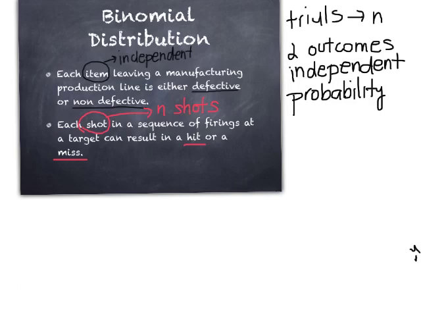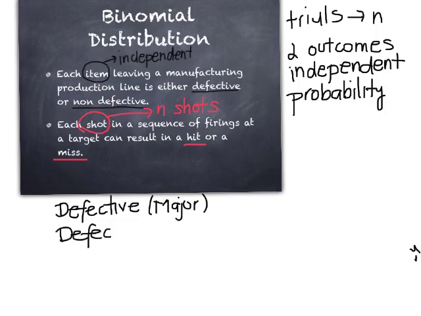When we talk about two possible outcomes, this can be done with more than two possible outcomes. For example, suppose that in the example of the production line, you could have the product being defective with a major problem, or defective with a minor problem, or non-defective.